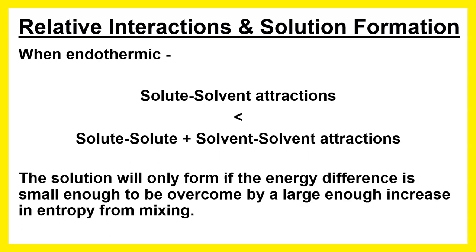This would not be a favorable condition from an energy standpoint. So the only way that solution will actually form, the mixture will actually happen, is if you get such an increase in entropy that outweighs how bad this energy situation is.